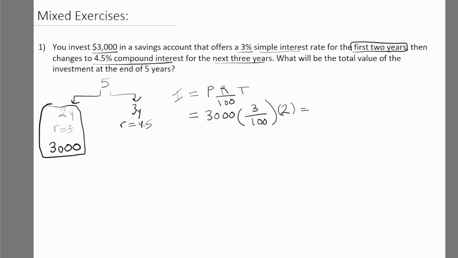And we're gonna go ahead and plug those numbers on our calculator, and we get $180. So this is the interest that I will be receiving from the first 2 years.